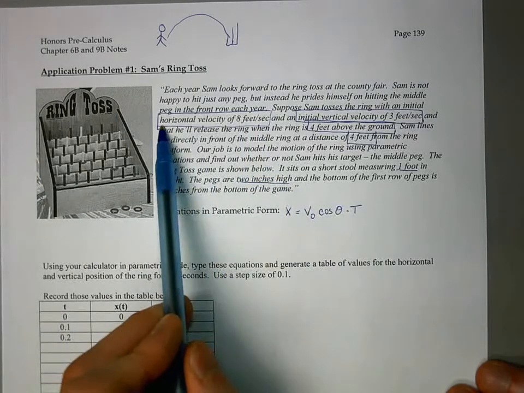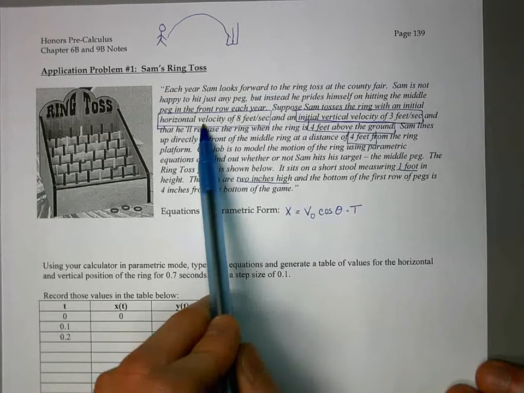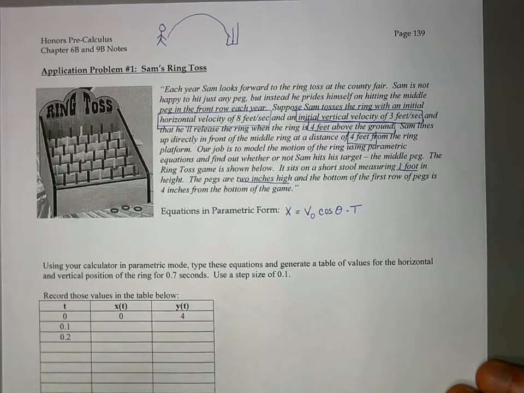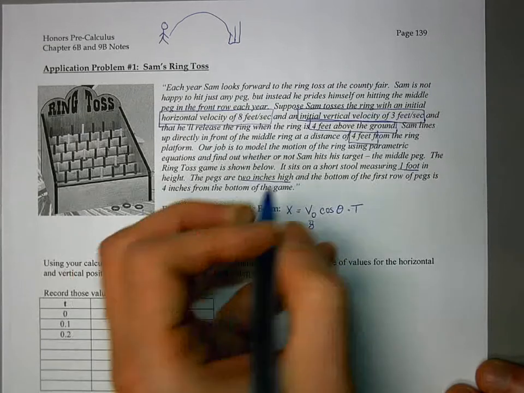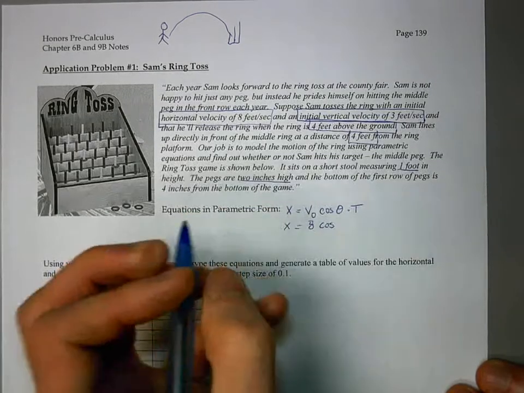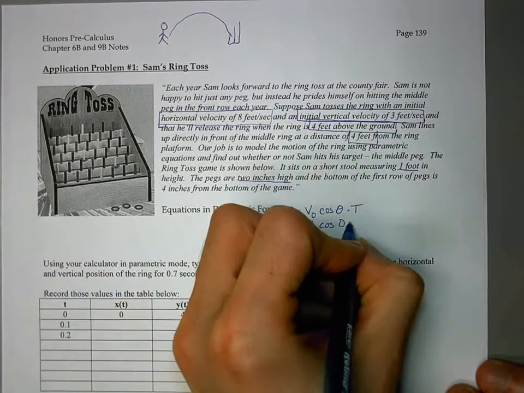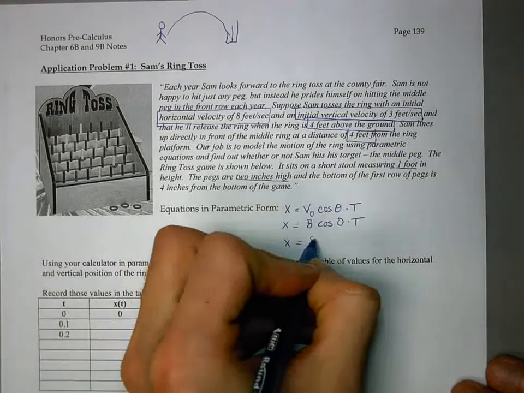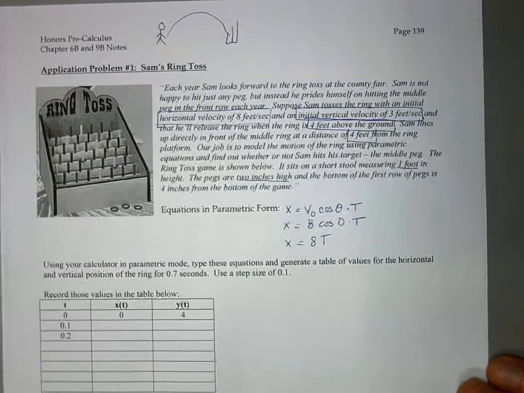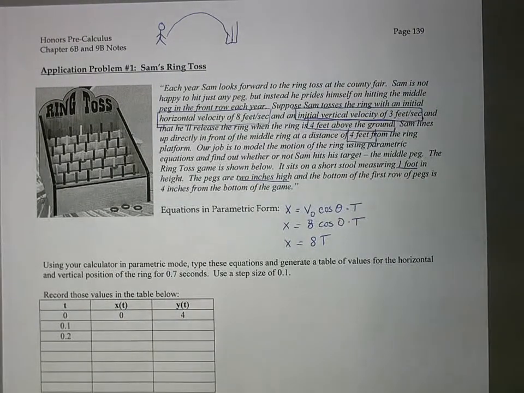And since we're specifically talking about the horizontal velocity, that means we've got no angle measurement. So here, my 8 feet per second, I'm going to have the cosine of 0, because I'm just talking about straight horizontal. We know the cosine of 0 is 1. So here, x is going to be 8t.